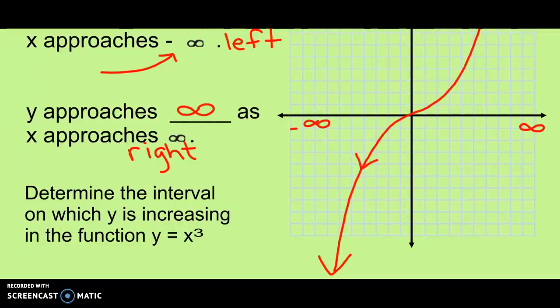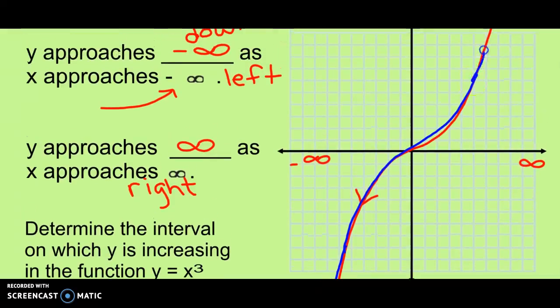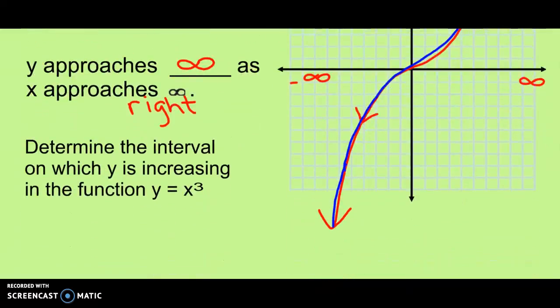So if you were in a roller coaster, okay, you would be sitting, and let's say you go from left to right, you would be going up from the very beginning, right? It'd be going up from the very beginning. It never stops going up. It keeps going up all the way until you get off the graph here, okay? That would not be a very fun roller coaster to ride because when would you come back down?